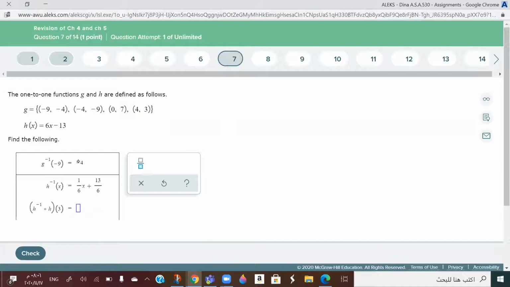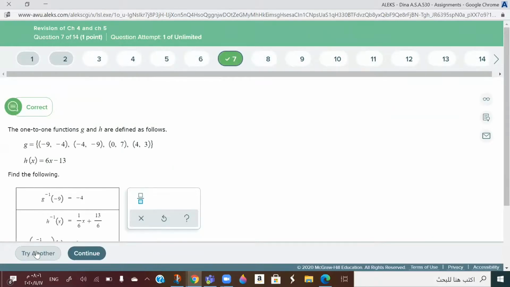And here we agreed that whenever you have a function and an inverse, it will give you your X, which you will put the same. Whenever you are done, just click on check. And that's it.